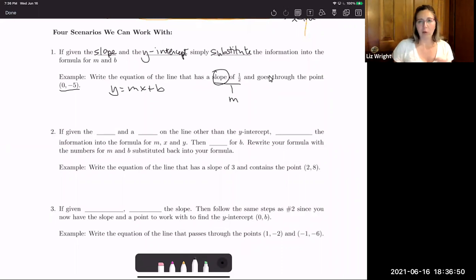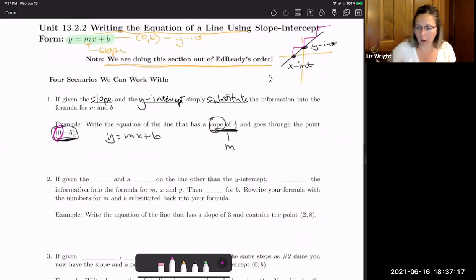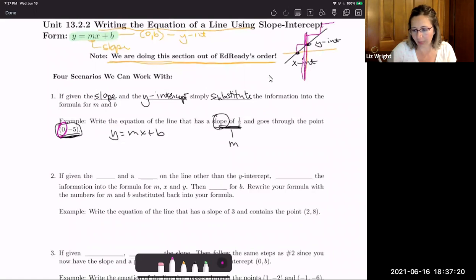Question for you: how do I know that this point is my y-intercept? Because I already told you before we started this problem that they give us the information, so the 1/2 is our m and this point is our y-intercept. But you should ask yourself how you know that it is the y-intercept and not just some other point. How we know is that it started with a 0. Anything along our y-axis, this vertical axis, has an x that is 100% always 0.